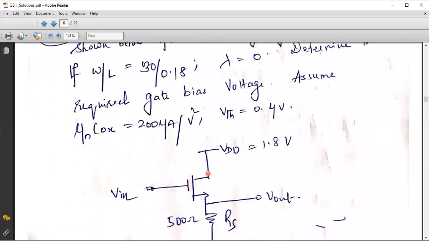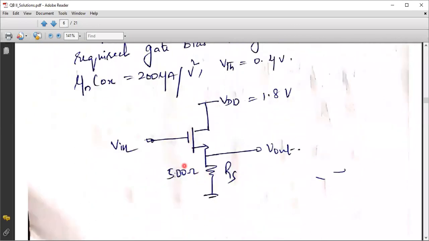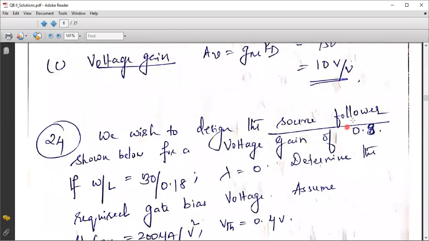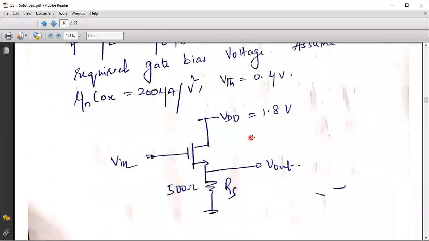And in the circuit diagram, they have mentioned RS as 500 ohms. RS is a source resistance. So even if it is not mentioned that it is source follower, still by observing the circuit diagram, you should be able to understand that this is a source follower. How come? Because you are taking the output voltage from the source and input is given to the gate.